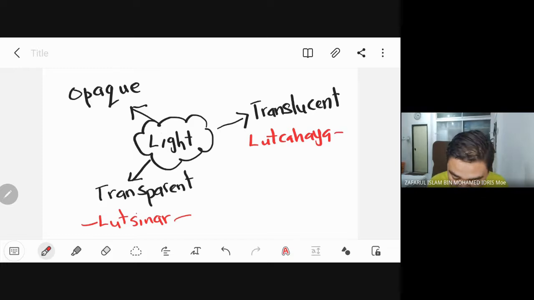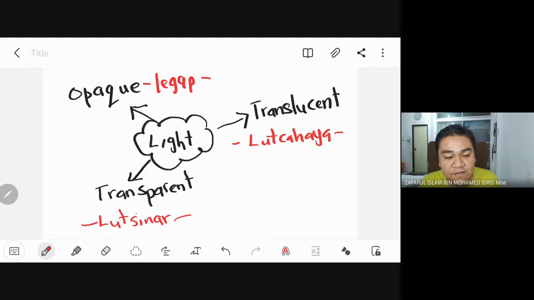Okay, so they are different between transparent and translucent. Nanti saya akan terangkan. Okay, and then the third one is opaque. In Malay we call it legap. Okay, so there are three terms for the properties of the light. Okay, we look at the first one, transparent, or in Malay we call it lut sinar.